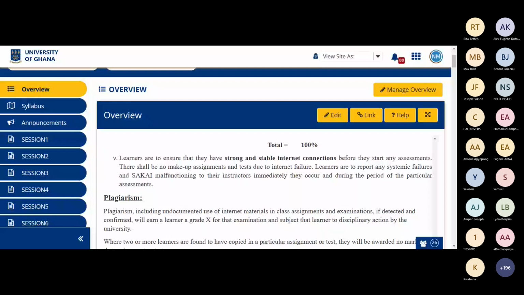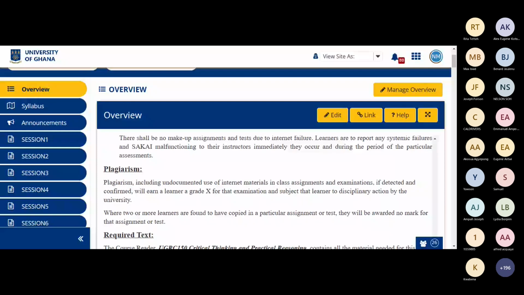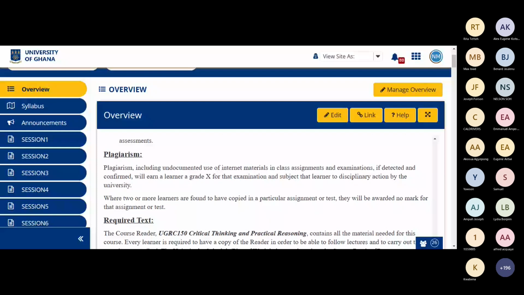See the screen now, plagiarism. Someone else read for me. Mark, please read on plagiarism for me. Your hand was up for a while. Okay, I see Austin. So Austin, please read for me on plagiarism.